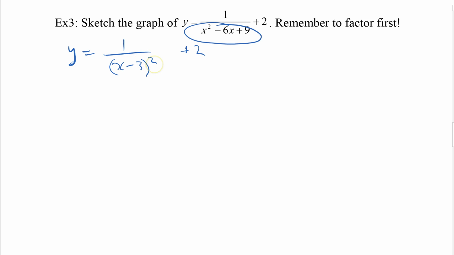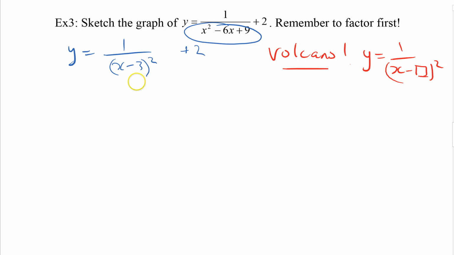And then suddenly I'm thinking volcano, because this looks a lot like y is equal to 1 over x minus some number all squared. So the previous example we did, I think it was x squared minus 4, and that was a nice thing to be able to graph.